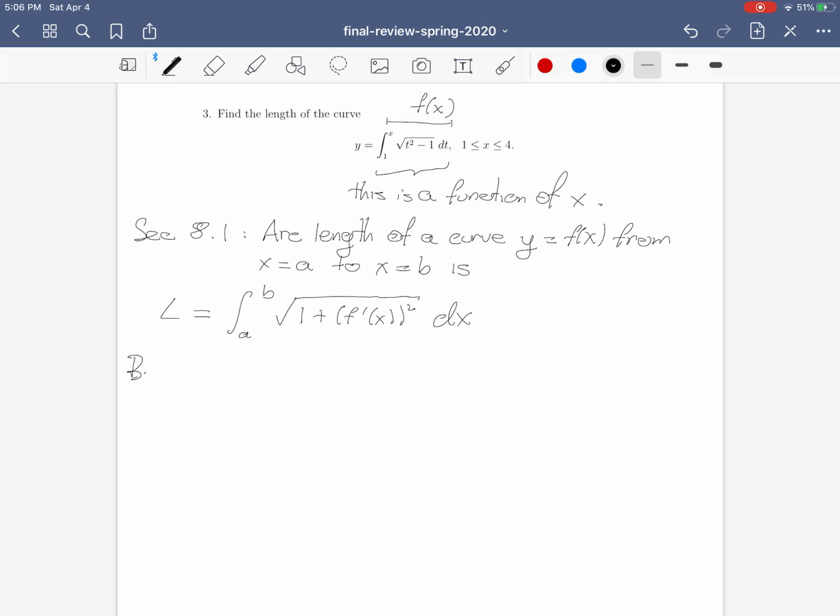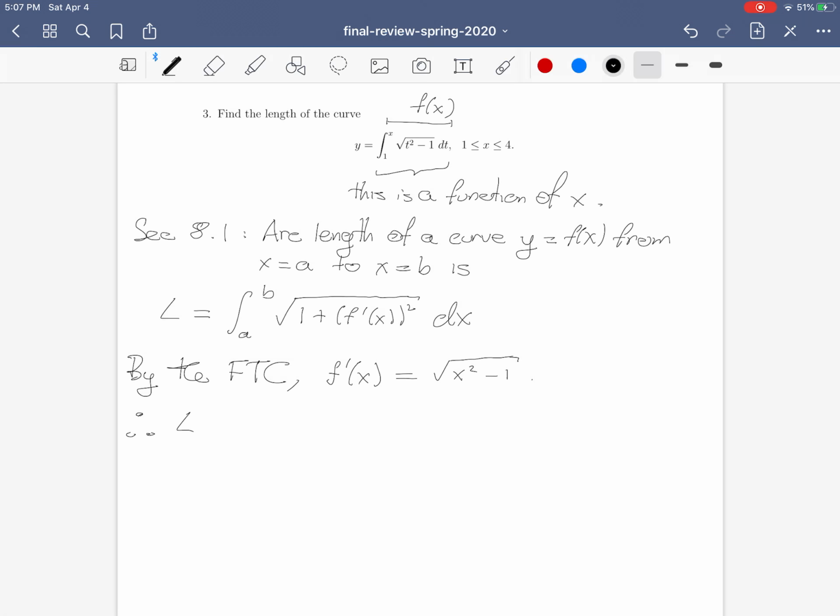So we can use the fundamental theorem of calculus. f of x is defined where the x dependence is the upper limit of integration. So by the fundamental theorem of calculus, f primed of x is equal to the integrand evaluated at x. So it's just the square root of x squared minus 1.